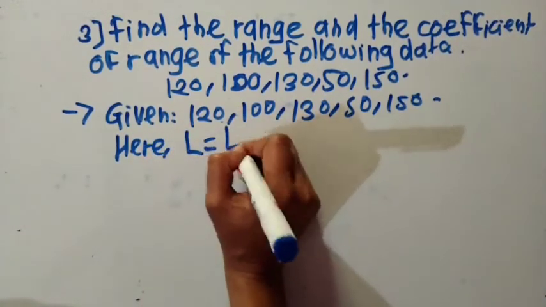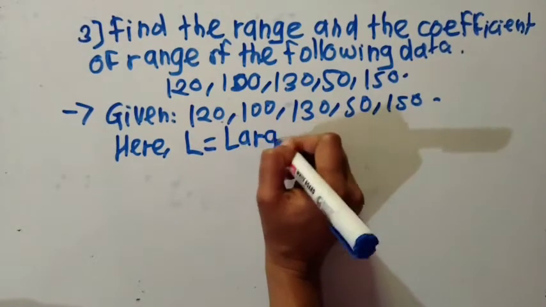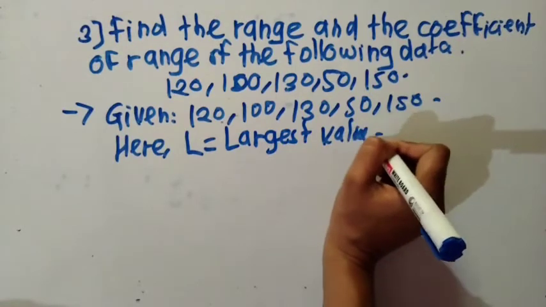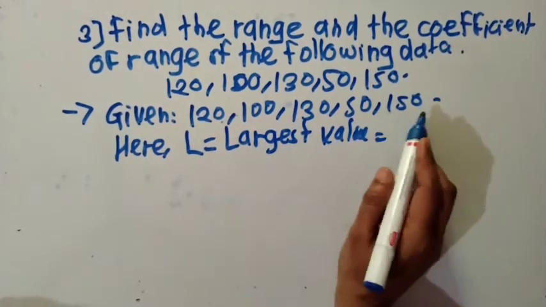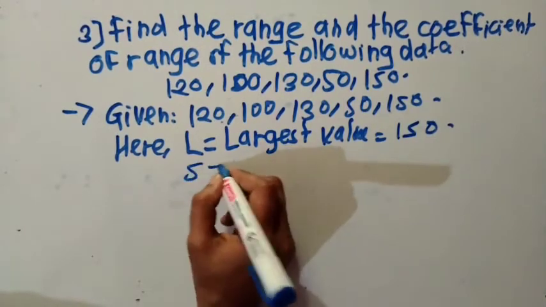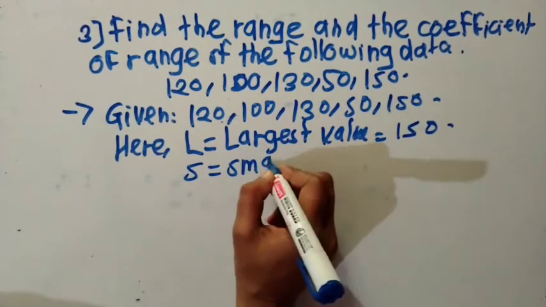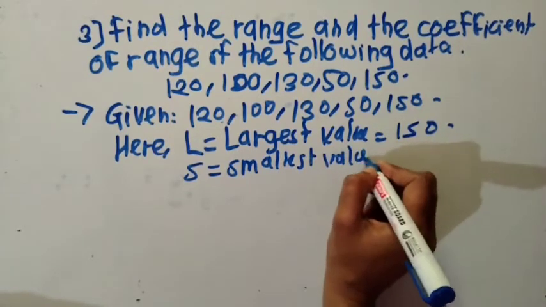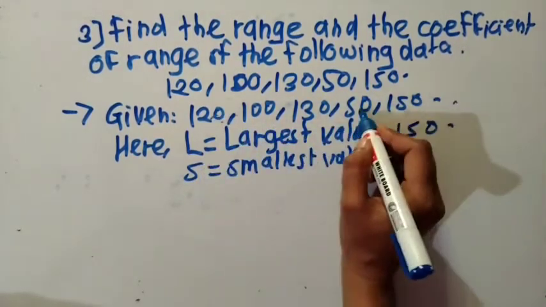Then here L is the largest value. Here the largest value is 150, and S is the smallest value, and here the smallest value is 50.